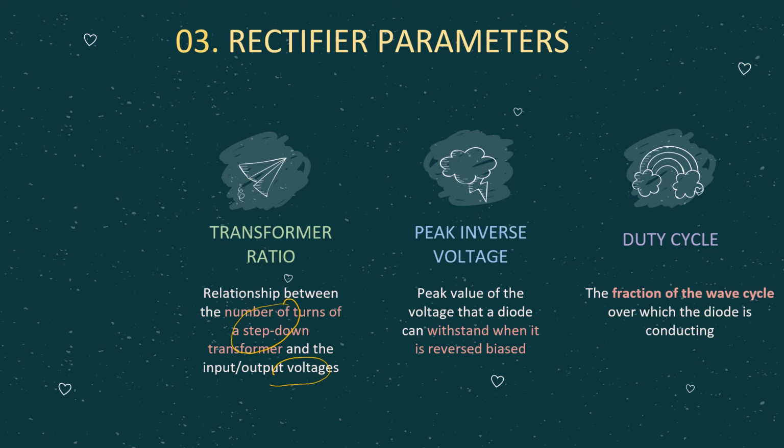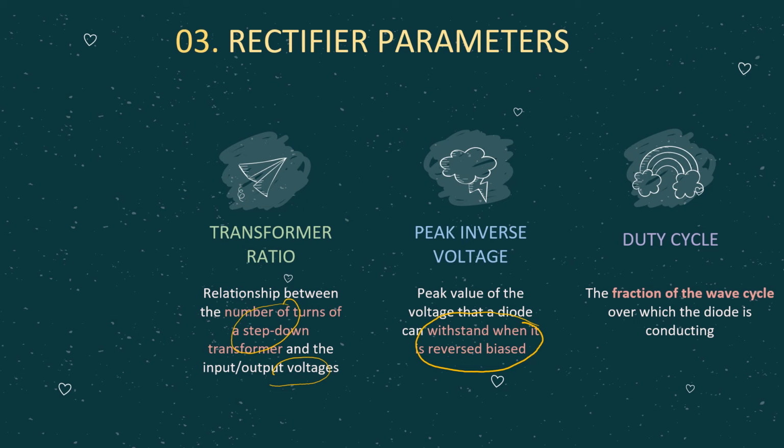Then we have peak inverse voltage. We call this PIV. It is the peak value of voltage that a diode can withstand when it is reverse bias. So whenever you design a rectifier circuit, you always have to check the PIV value for each diode to make sure the diode is not damaged throughout the operation.